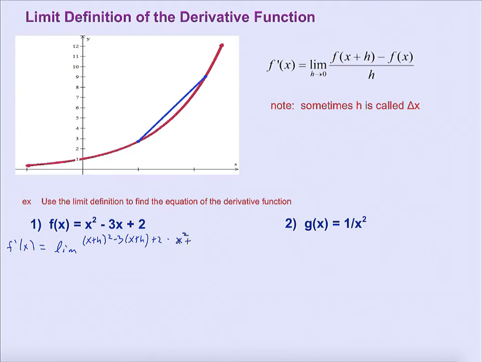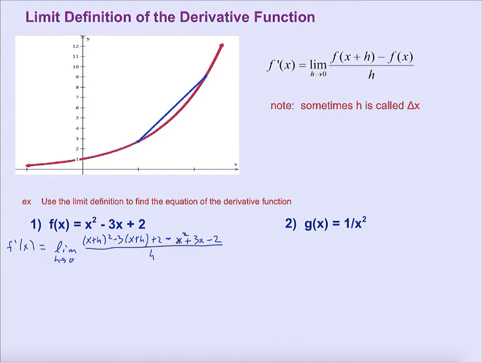Notice how I'm changing the signs here because it's minus f of x. Since f of x is this quadratic, I'm distributing that minus sign as I go. Please be careful about that. Over h as h approaches 0.